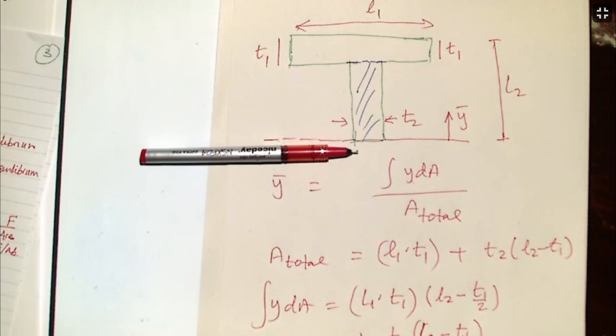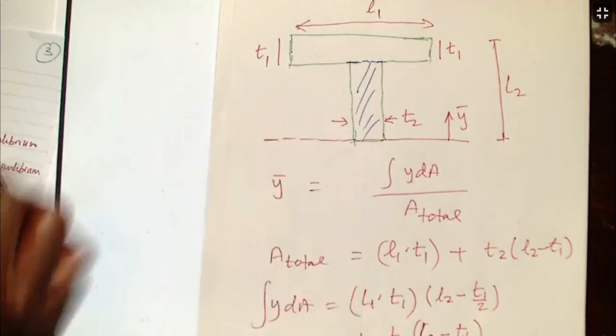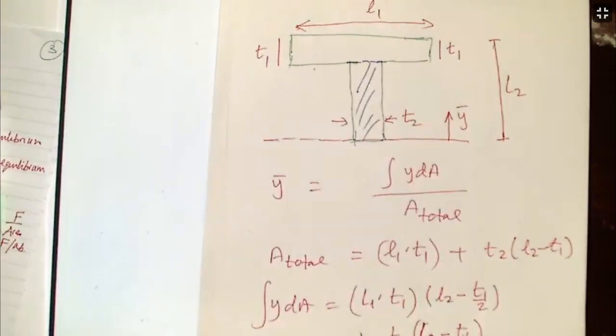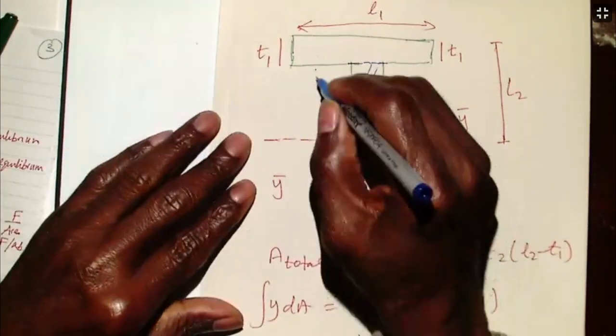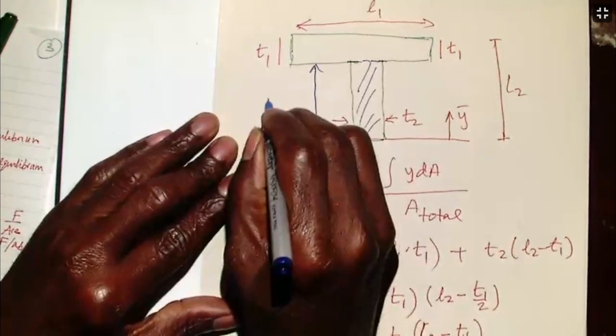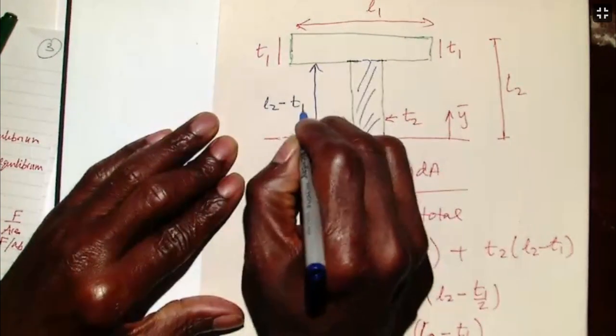Half L2? Is it L2 minus half T2? Minus half T2. Yes, L2 minus T1 over 2. Okay, that's good. So this height here, let me just use the color. So this height here, that height is L2 minus T1.